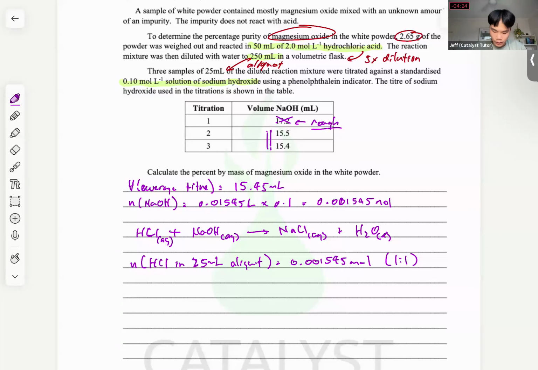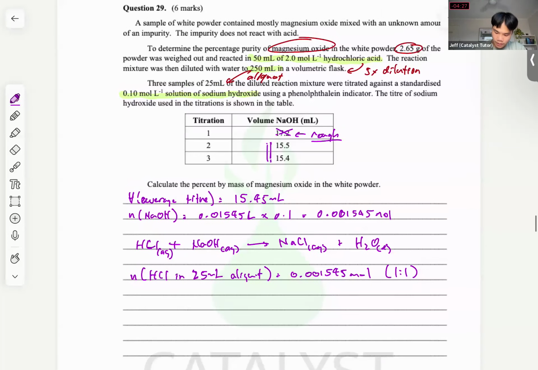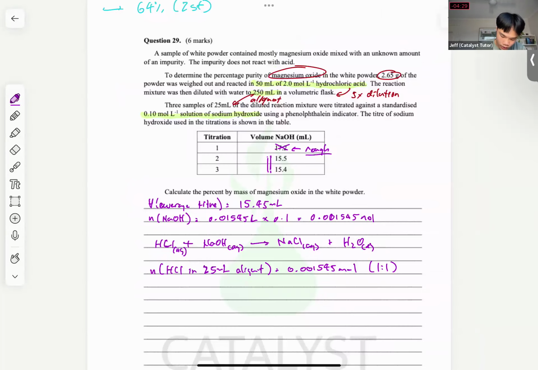Okay, cool. So then using that, you can now find out the concentration of HCl in the 25 ml aliquot being equal to 0.001545 divided by 0.025, which ends up giving you 0.0618 moles per liter.